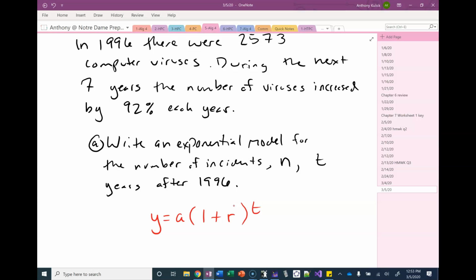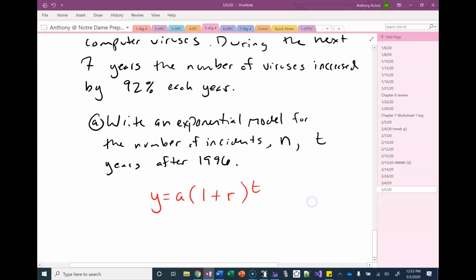It tells you that the number of incidents after 1996, that's a future value, right? It tells us the symbol that we're going to use for that is n. So in place of y, I'm going to write the letter n. Is everybody okay with that?